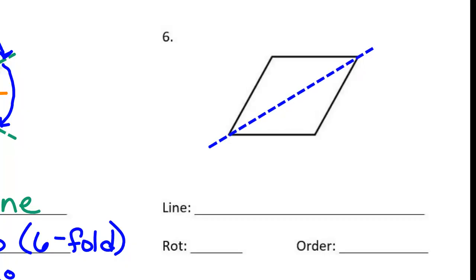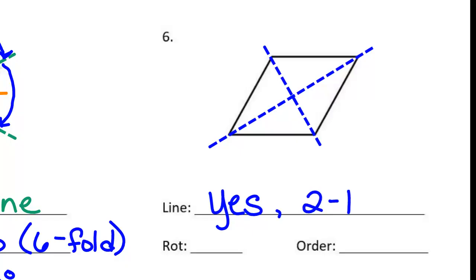Through the corners. We can go corner to corner. Now if I fold it, this corner lands on top of this corner. Or I could go corner to corner the other way, because then this corner would land on top of this corner. So yes, we have line symmetry. How many lines? 2. We have 2 line symmetry.